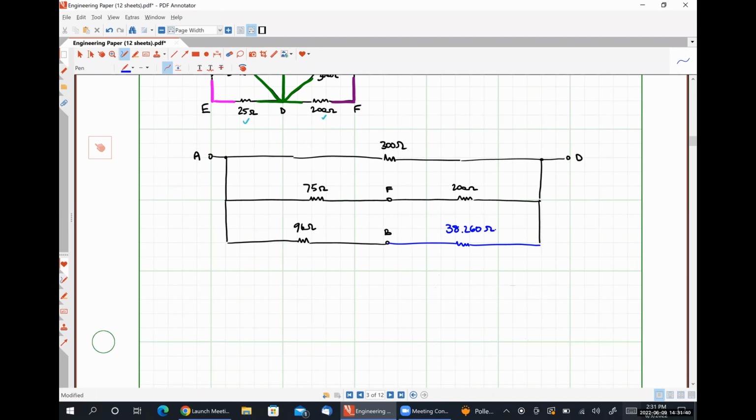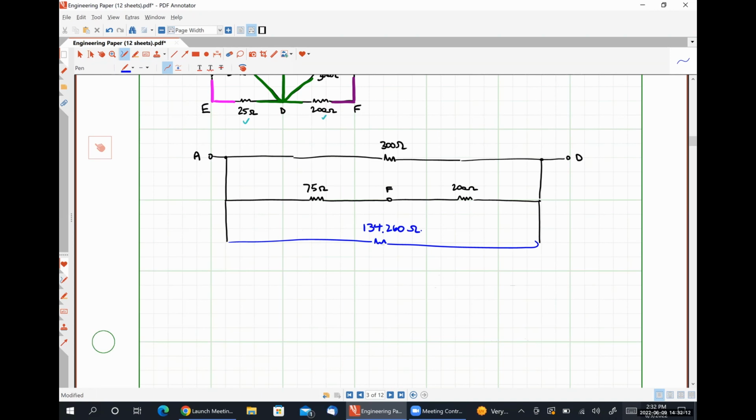And I can see that this 38.260 ohm resistor is in series with the 96 ohm resistor. So I'll simply add 96 to that number, and I get a 134.260 ohm resistor here.